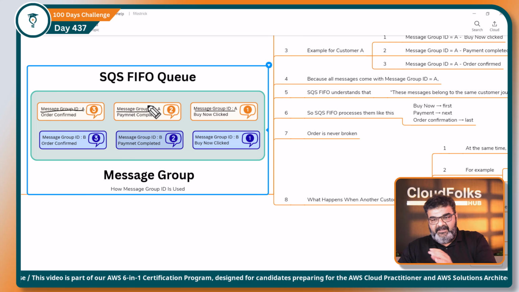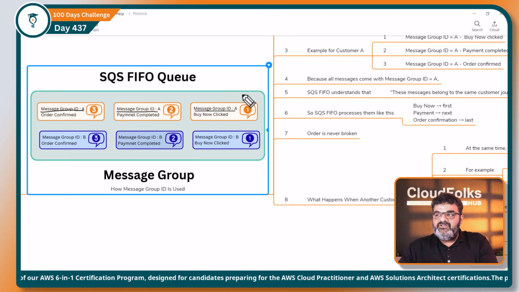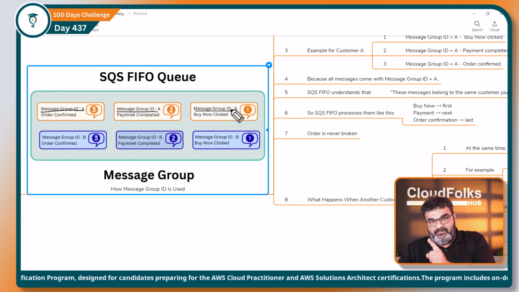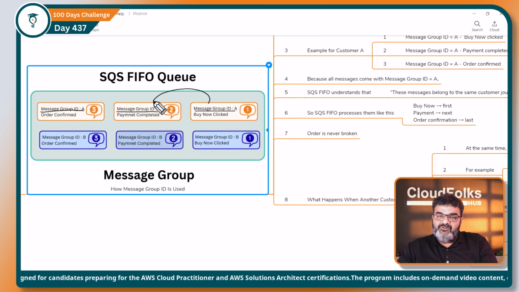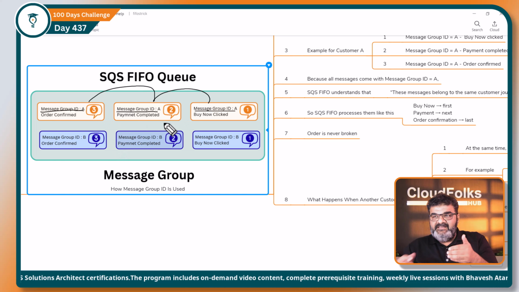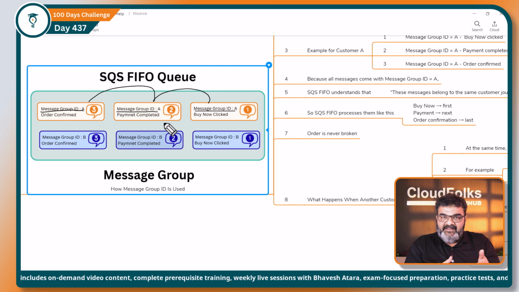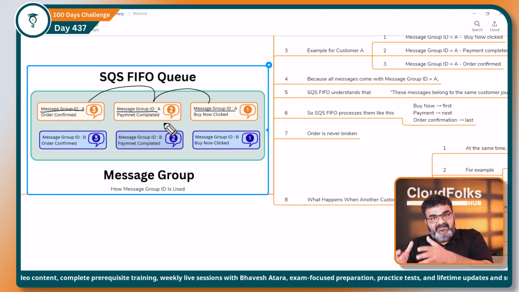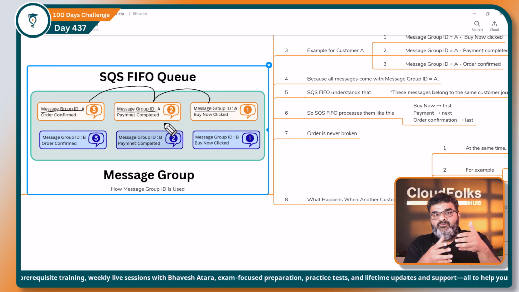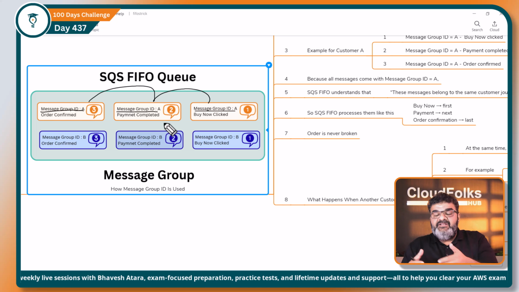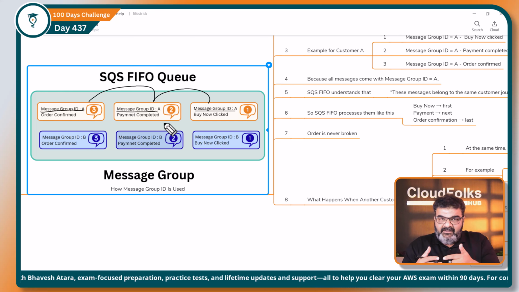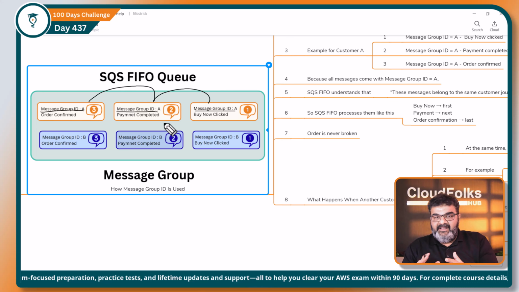And the order is simple, the arrival order. This message arrived first, so it is going to be processed first, then this one, and then message number 3. So basically message group is used to identify that these messages belong to the same customer and we need to process them in the proper order, right?